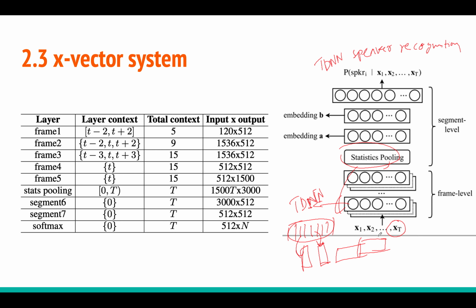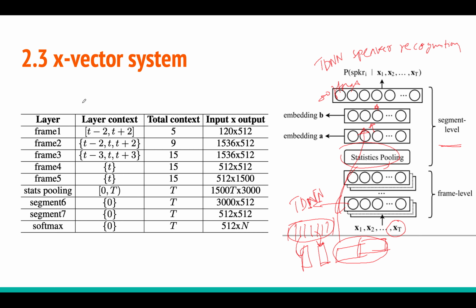Then this vector you feed to the next layer, which is an affine transformation again, and there is one more affine transformation. They call these the segment level or utterance level feature extractors. At the end of this you go to the softmax layer, which predicts the probability of the speaker for that particular utterance, right?